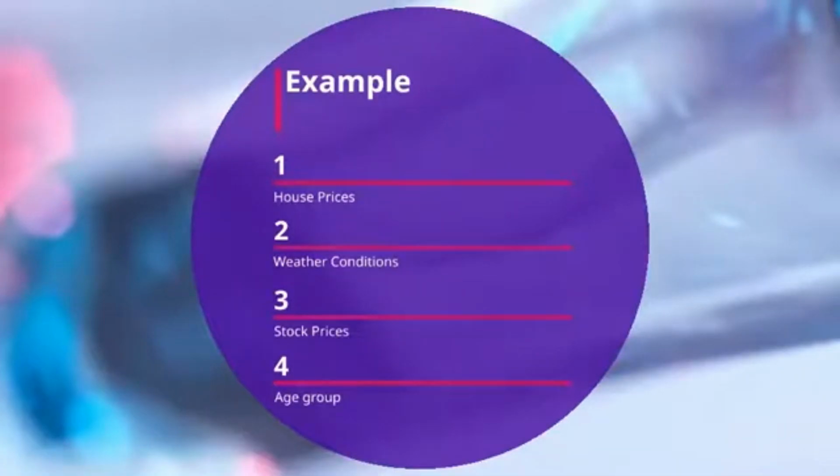The second is weather conditions, wherein you have to predict the weather, and it is not discrete because it again comes in an interval, like 33 to 35 degrees Celsius. It is not very certain; we have to predict it. Then another example is stock prices, which is again a very uncertain market, and the prediction again goes high or low. And age group is also a continuous example of a regression problem.